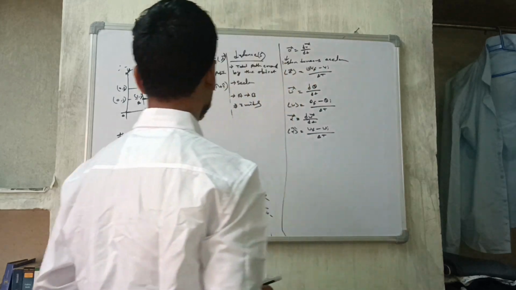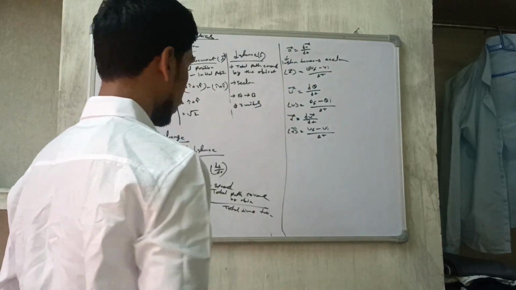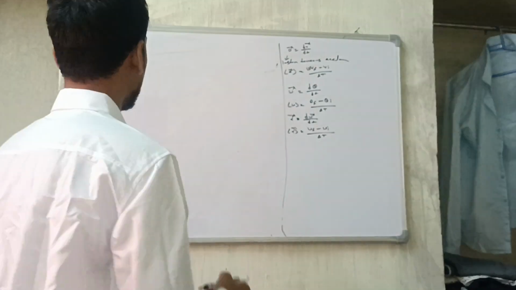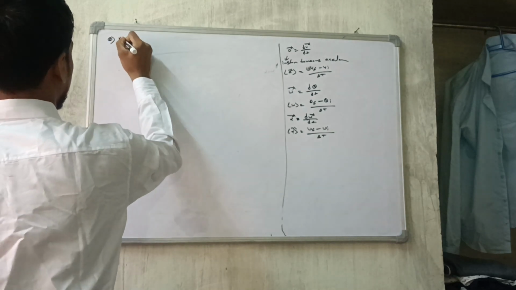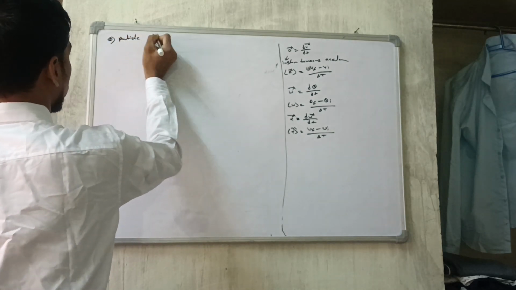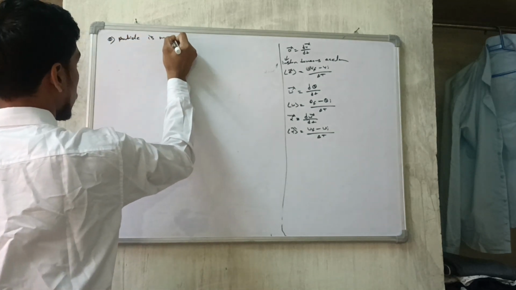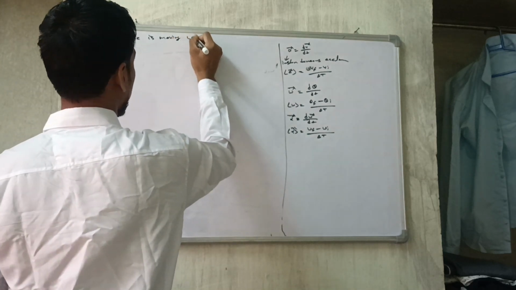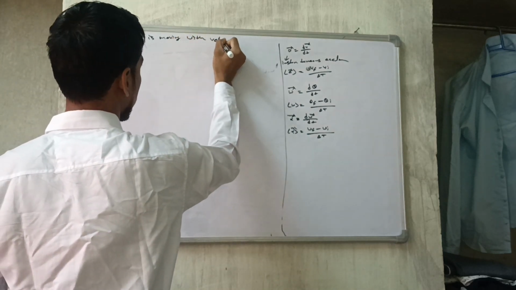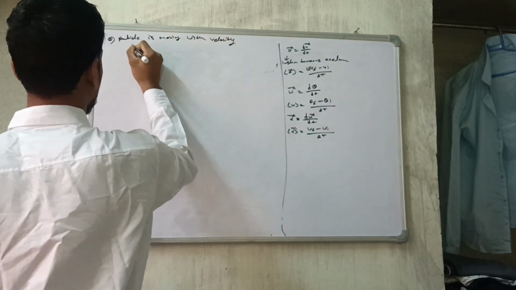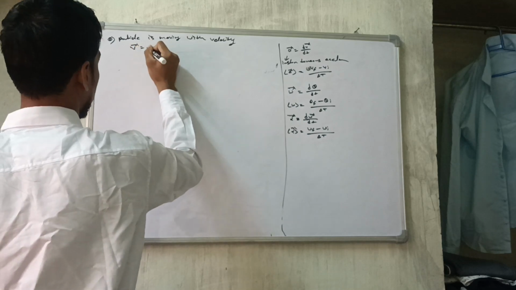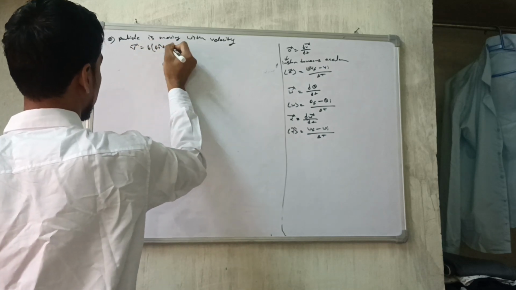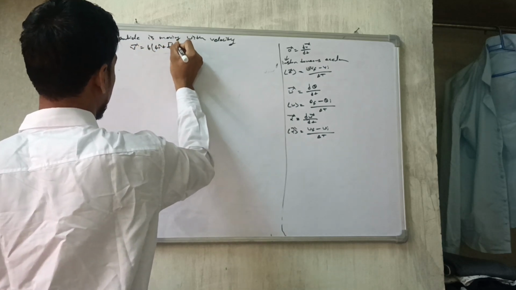Now let's take an example. A particle is moving with velocity 6t i plus t squared j.